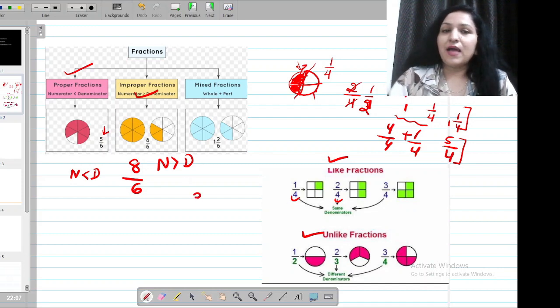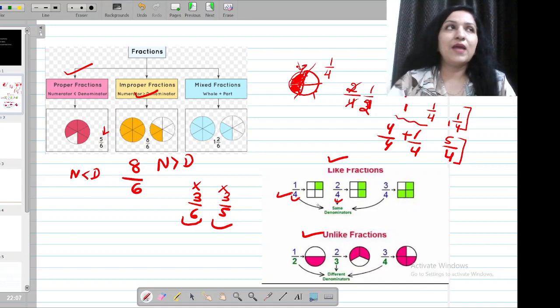If let's say the fraction is given 3 by 6 and 3 by 5, and you are being asked if it is like or unlike, you just need to see the denominator. If the denominator is same, it is like, otherwise unlike. We will not be getting confused with the numerator. So these kind of fractions where the denominator is same, it is the like fraction.